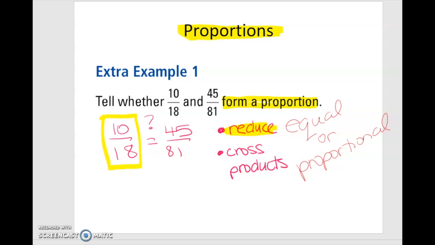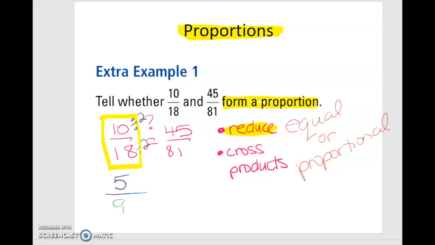Is there a common factor between the numerator and the denominator? Hopefully we notice that 10 and 18 are both divisible by 2. 10 divided by 2 is 5, and 18 divided by 2 is 9. So I can reduce that ratio to 5/9.